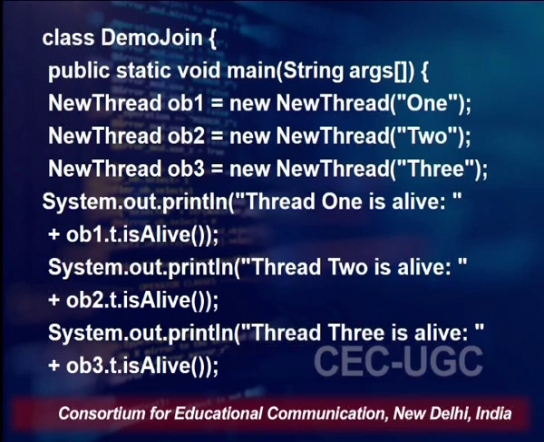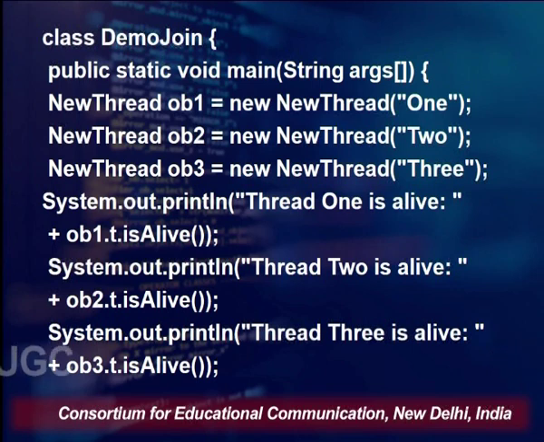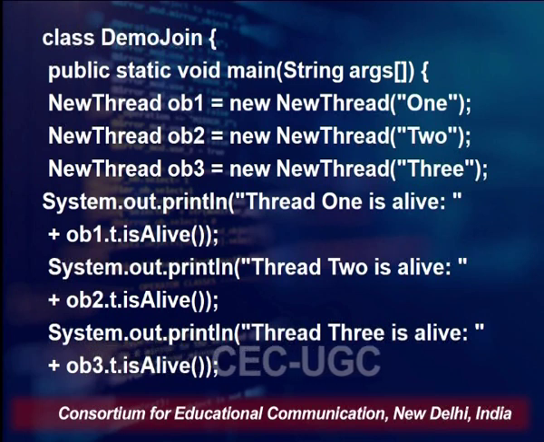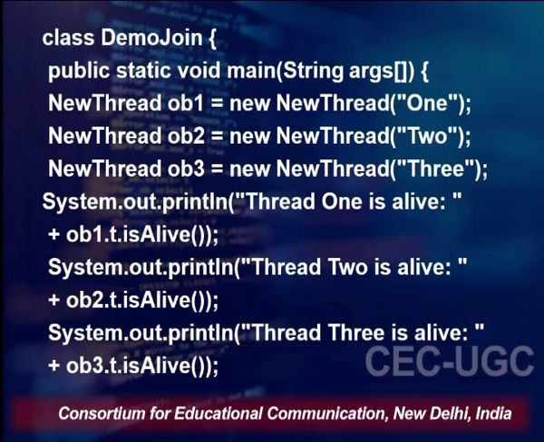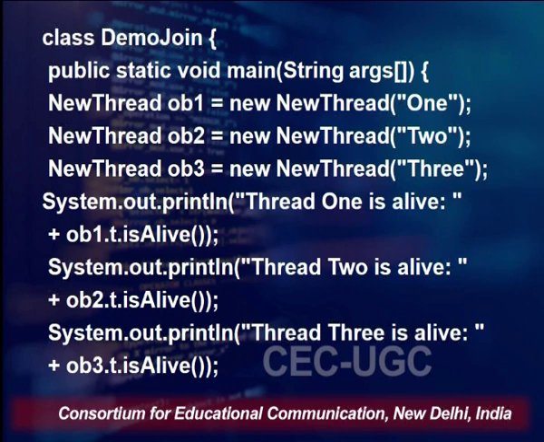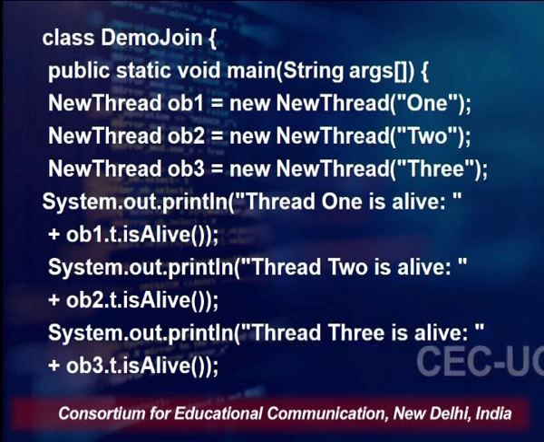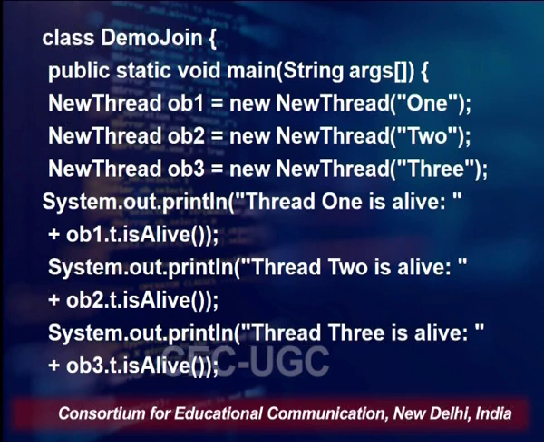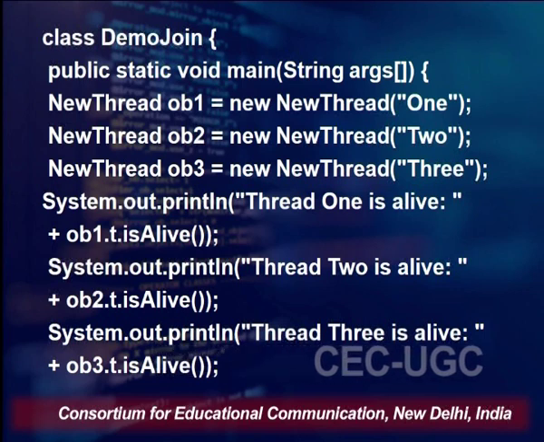Then for the third thread, thread 3, if it is alive it will print true. For that also we have called OB3.t.isAlive. So that means we have created three different threads, and we are running the isAlive method of the Thread class on these reference variables.